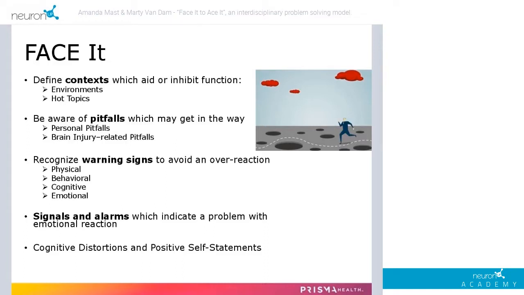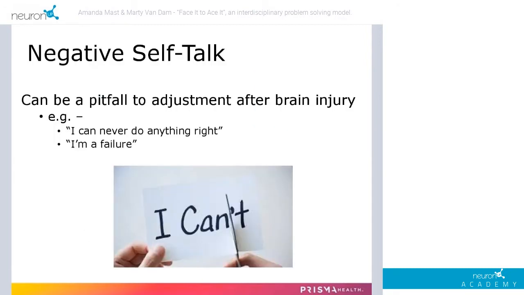So for example, if they notice that their heart beats fast, they're starting to step into a situation where they might overreact, they start feeling fidgety, they may furrow their brow, or they're feeling anxious. If they can recognize that, then they may be able to exit the situation, take a deep breath, employ positive self-talk, and avoid that emotional self-regulation breakdown. And this will show up in case examples later in the hour.